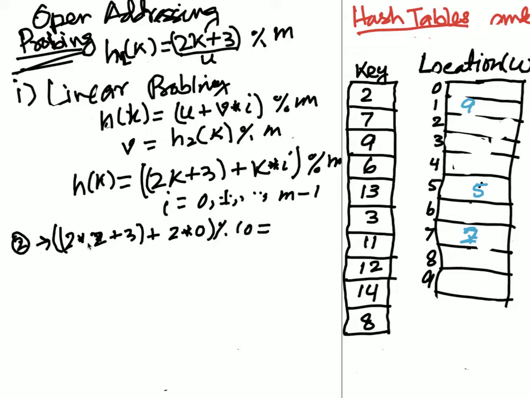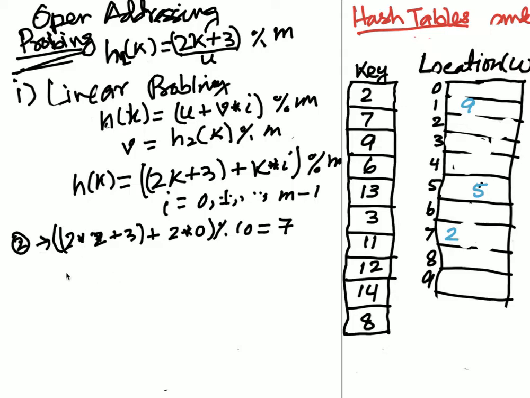That means this part is 0, but 2 times 2 is 4 plus 3 is 7, so we are getting position 7 first. As we find the 7 location is empty, unused, we will put 2 over here.